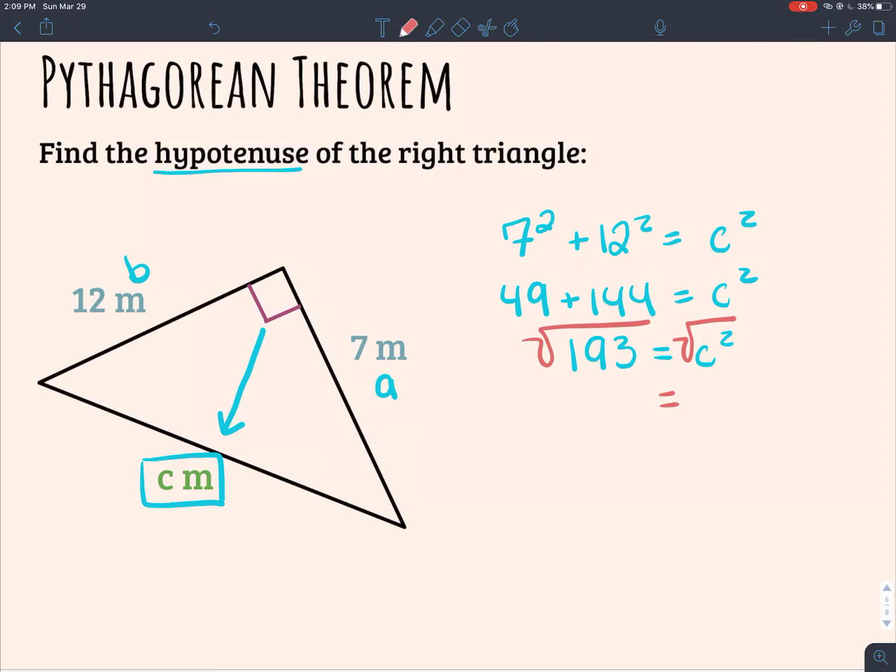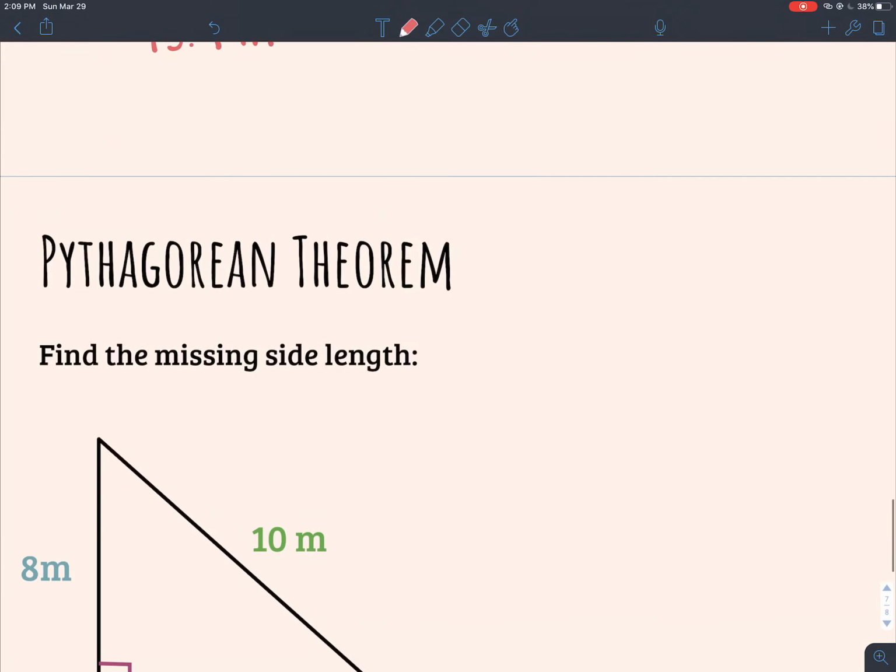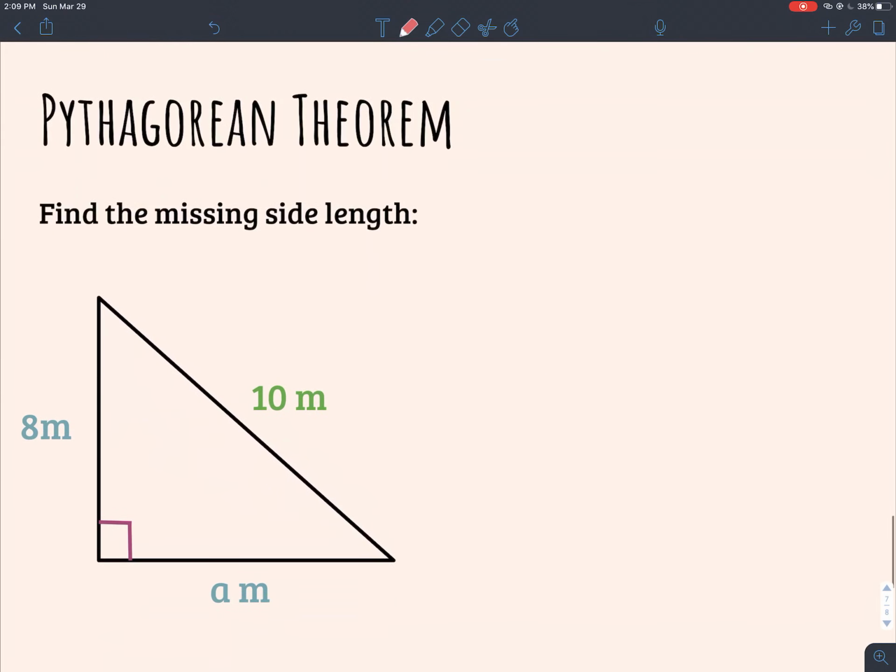It's really important that we get rid of the 2 on the c, so we're square rooting both sides. And what we should get is approximately 13.9. I'm rounding up. It was actually 13.89, so I'm rounding up to 13.9. So this is 13.9 meters. So that's finding the hypotenuse.